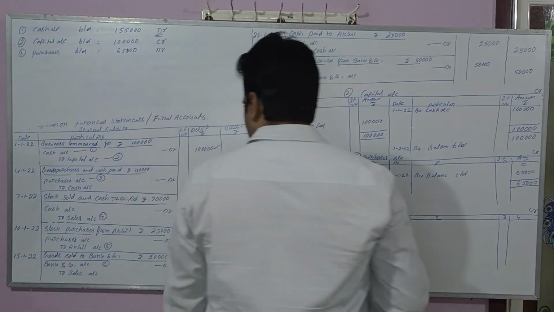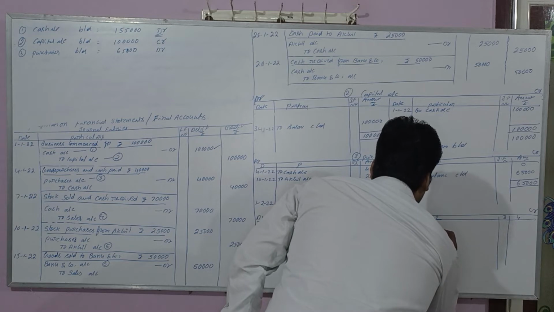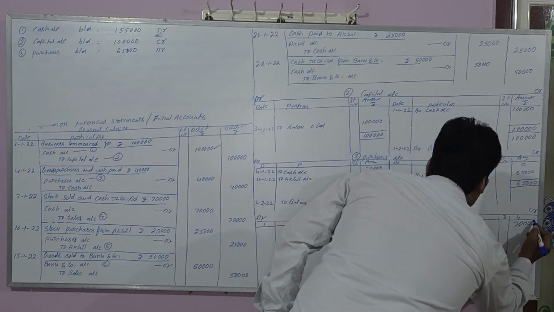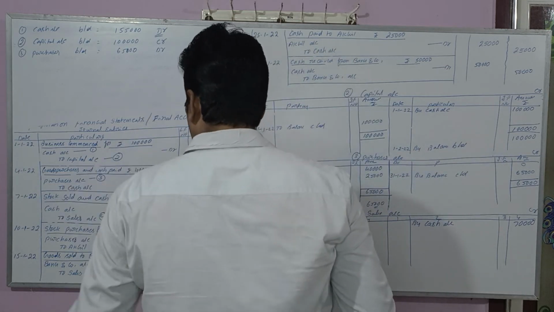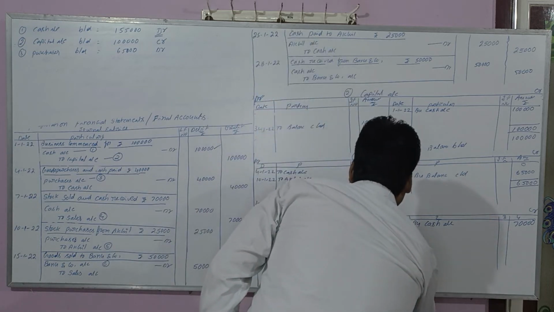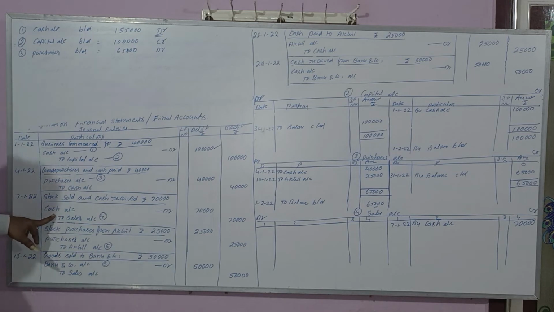So by cash account 70,000. Then the date is 7/1/22. This entry is completed.